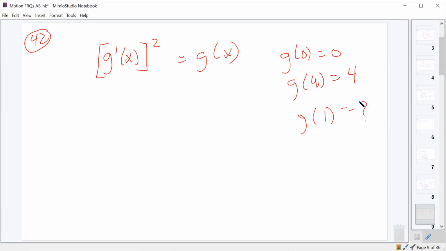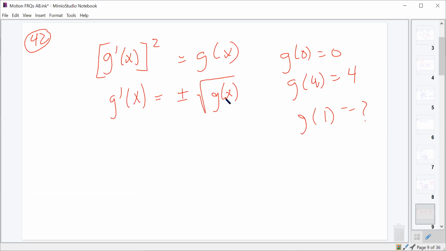So in order to figure this one out, let's see here. What should we do here? I guess we could just say that g prime of x is equal to the positive or negative square root of g of x.